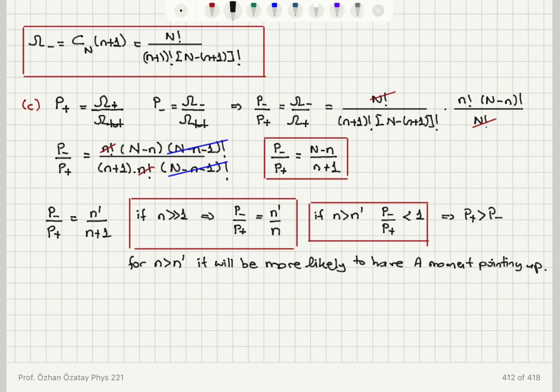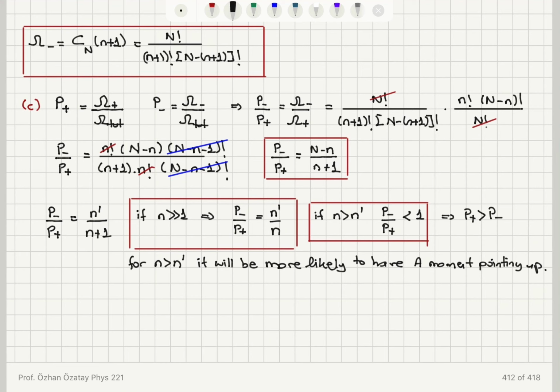If we take the ratio of these two, we find that the probability of having a moment pointing down divided by the probability of having a moment pointing up is capital N minus n divided by n plus 1. Each probability is given by the number of accessible states for the corresponding scenario divided by the total number of accessible states.